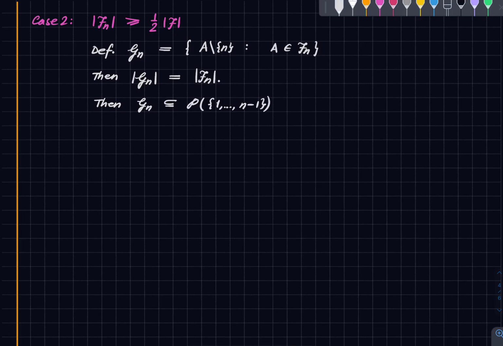And by our previous reasoning, one can find two distinct subsets, let's call them maybe S and T in Gn, which are distinct, and S is contained in T.